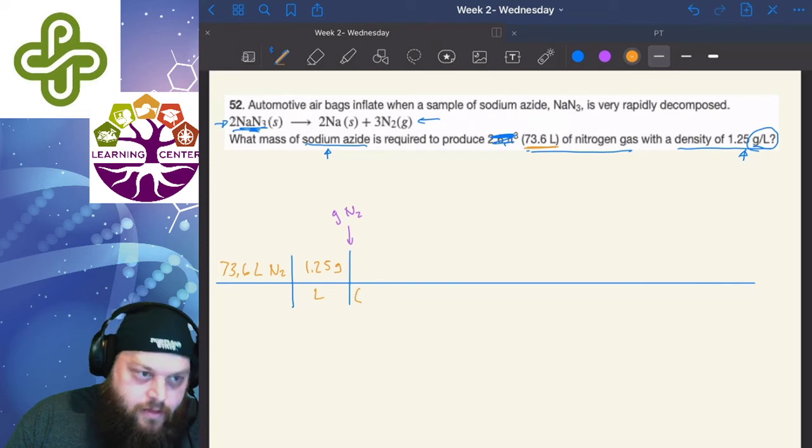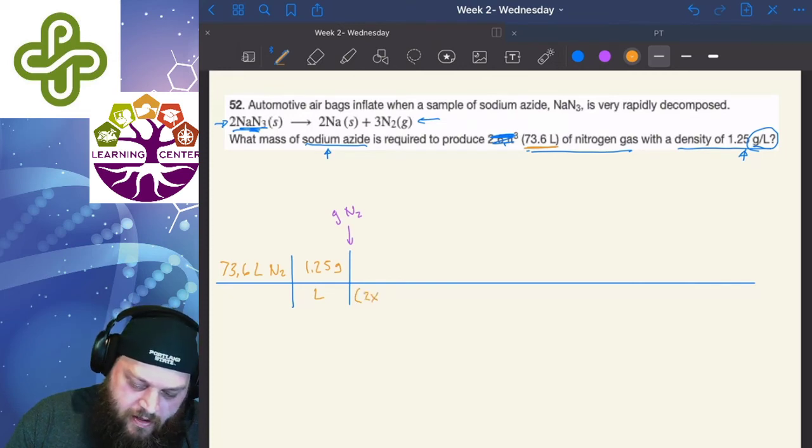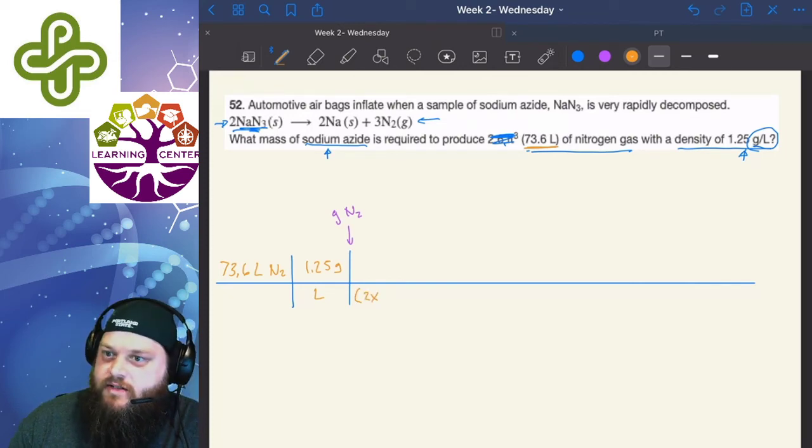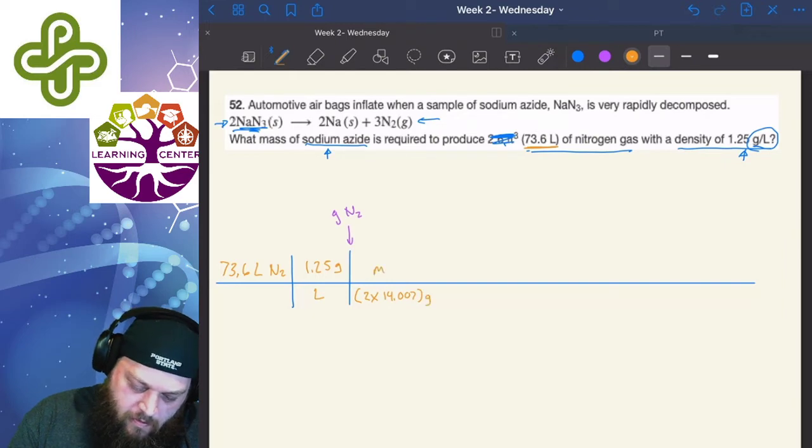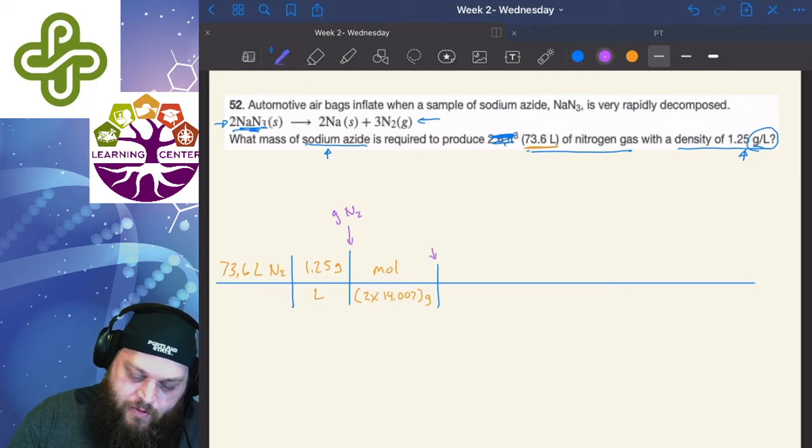So to find that, we have to do 2 times the molar mass of nitrogen, because it's dinitrogen, right? Which is 14.007. That's going to be in grams per mole. So at this point, doing that math across there, we're going to end up with moles of N2.